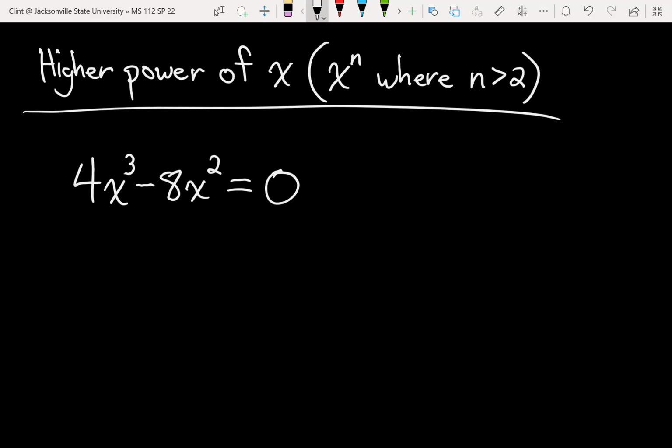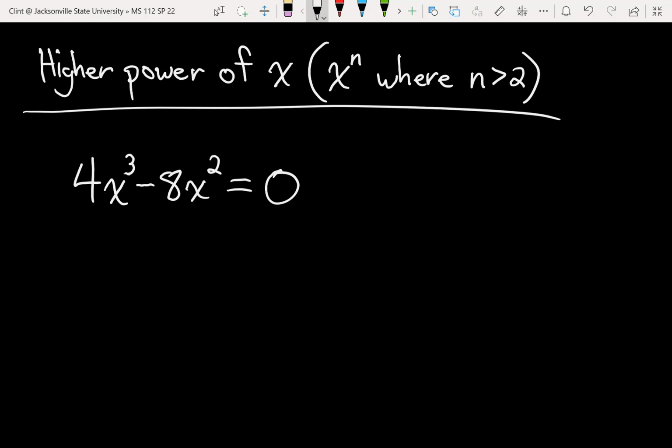That actually makes this kind of on the easier side. We don't have a lot of different options to think through. If you see a polynomial equation like this and the exponent's bigger than 2, try to get all the terms on one side, like we have here, and then see what you have in common, and factor.